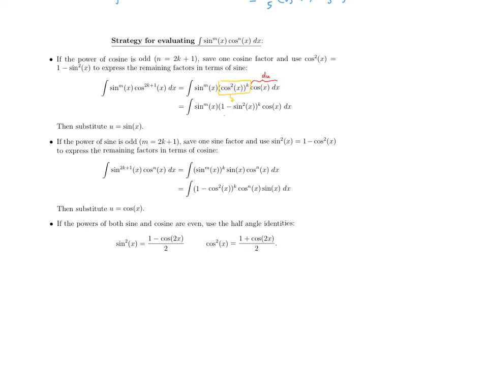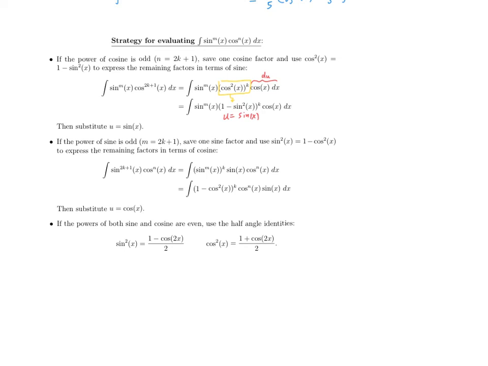When you do so, you can always use the substitution u equals sine of x. And intuitively, the same idea as we saw in our above example works when you have an odd power of sine. So remember, there's nothing to memorize, it's just understanding the approach.